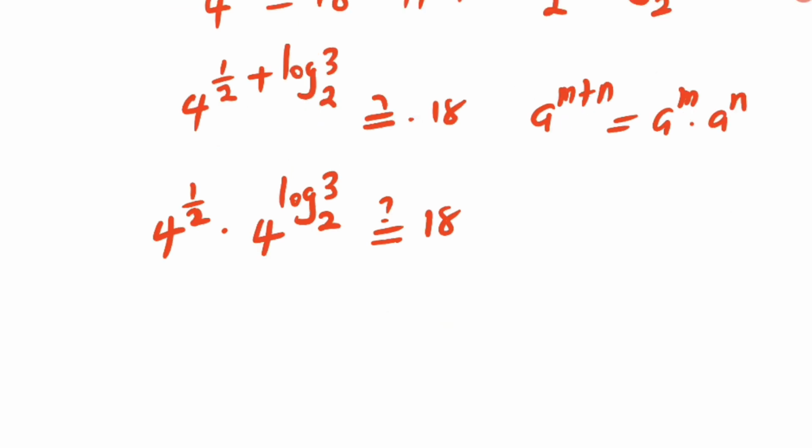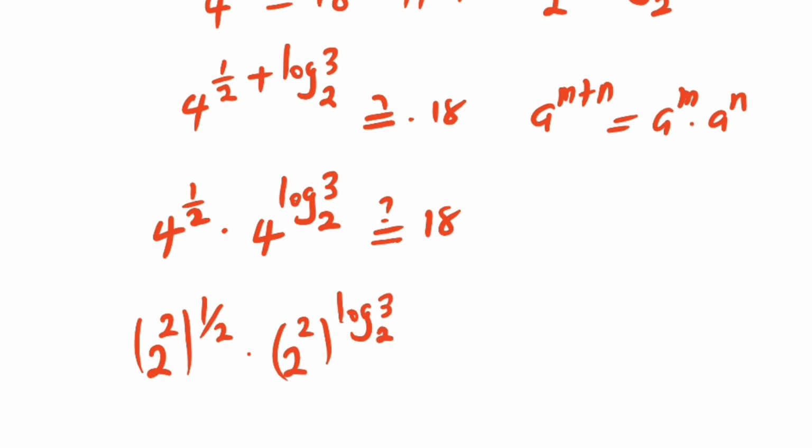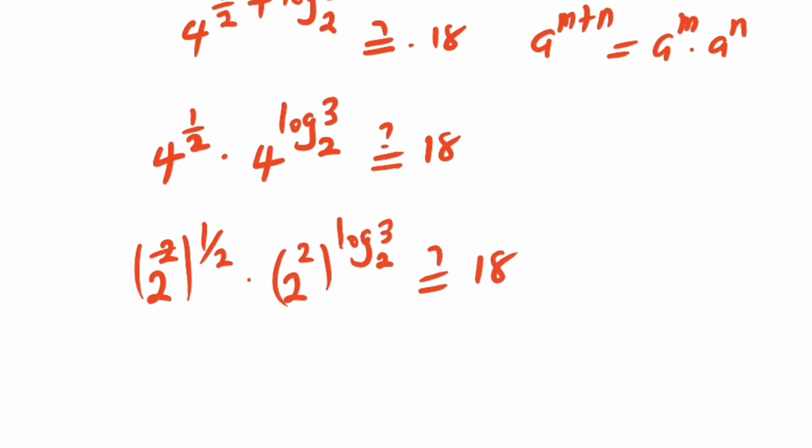Then this 4 raised to power 1 over 2 can be written as 2 raised to power 2 to the power of 1 over 2, multiplied by this 4 raised to power log 3 base 2 can be written as 2 raised to power 2 to the power of log 3 base 2, must be equal to 18. Then these two cancel these two.